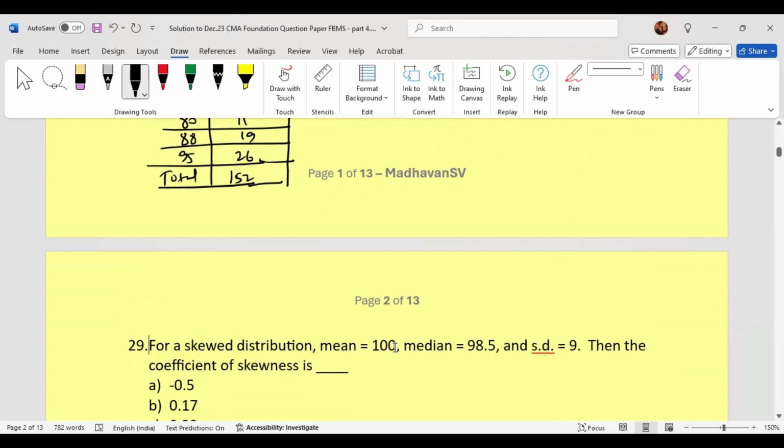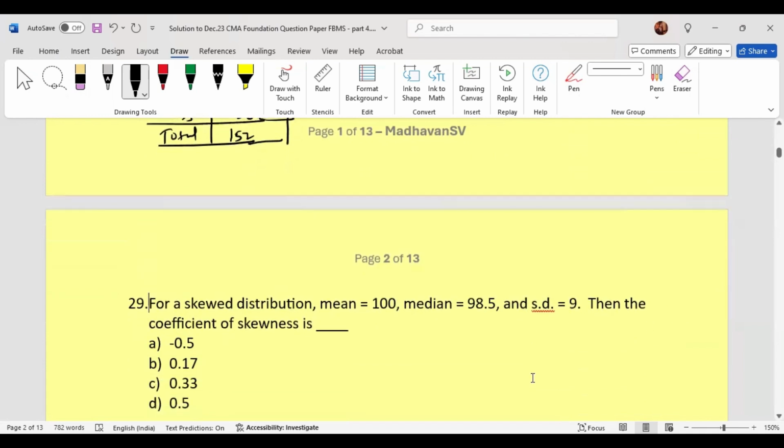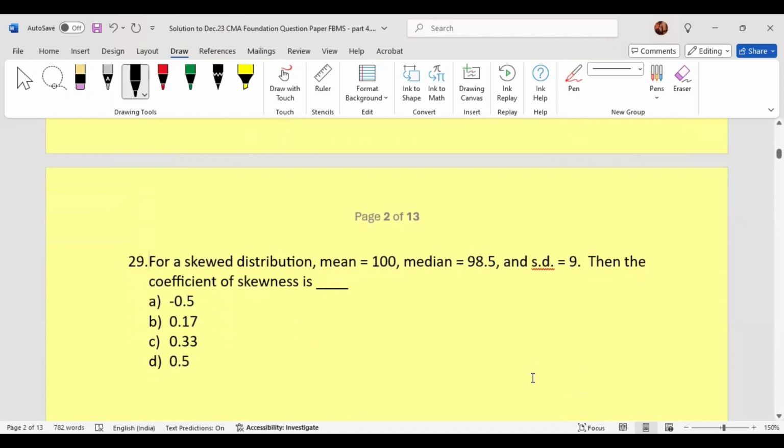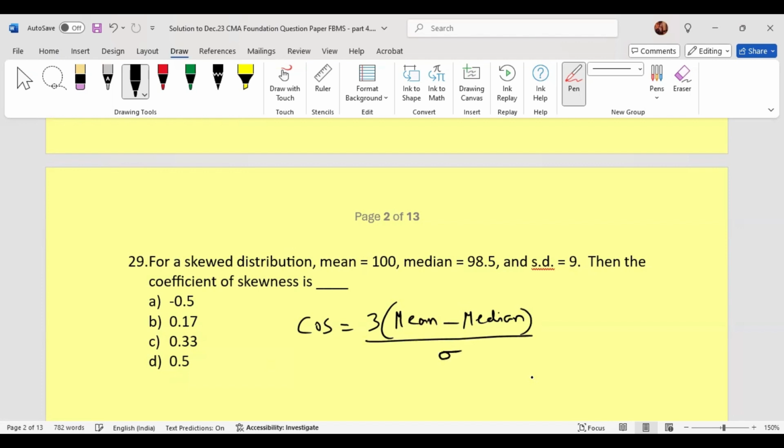For a skewed distribution, mean is 100, median is 98.5, standard deviation is 9. Then the coefficient of skewness is what? So here median and mean are known. So coefficient of skewness will be 3 times mean minus median divided by standard deviation.